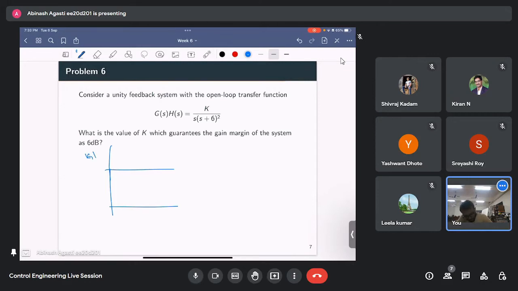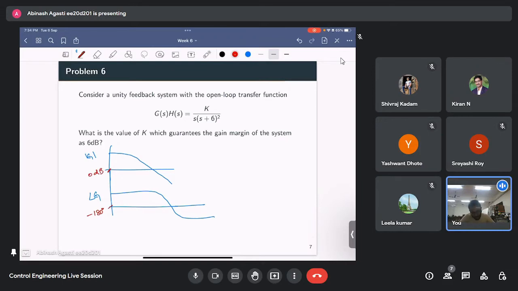magnitude plot and this is the phase plot, okay? Something like this. Say this is 180 degree and this is 0 dB. Okay.